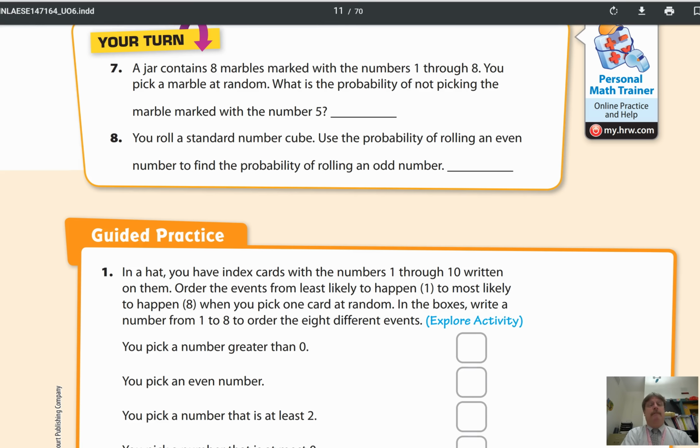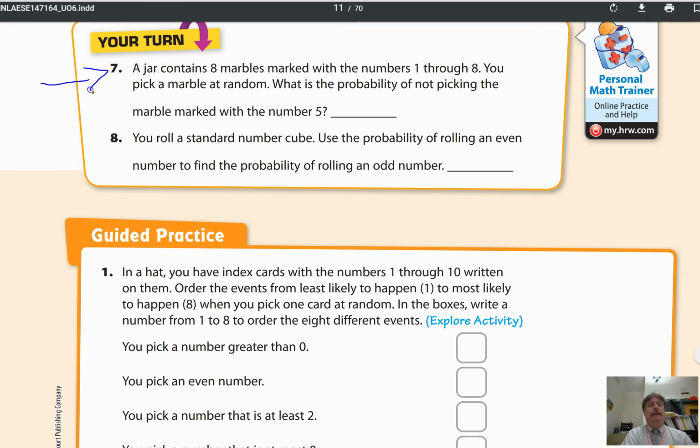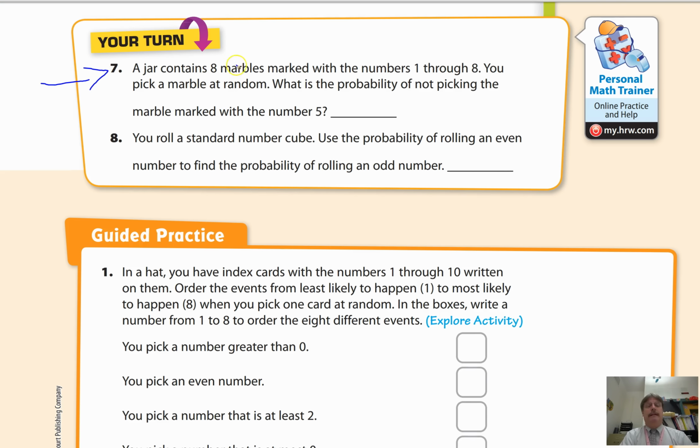So here on number 7, a jar contains 8 marbles marked with the numbers 1 through 8. You pick a marble at random. What's the probability of not picking the marble marked with the number 5? So the probability of picking the number 5 is 1 out of 8.